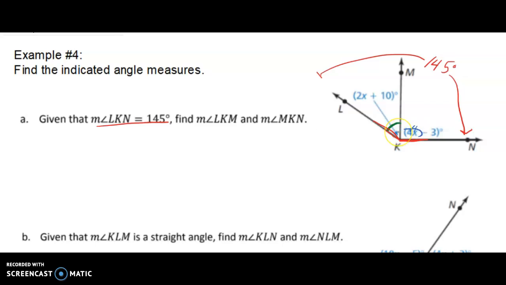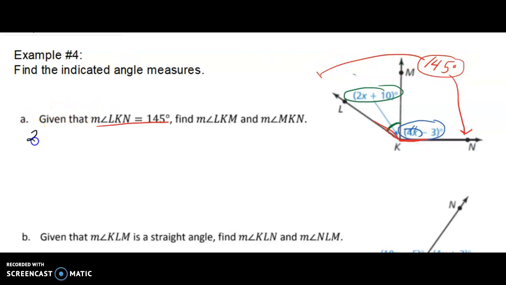Once again, back to the angle addition postulate. The 2 parts of the angles together make the whole angle. 2 parts added equals the whole. So the 2x plus 10 plus the 4x minus 3 is going to equal the 145.